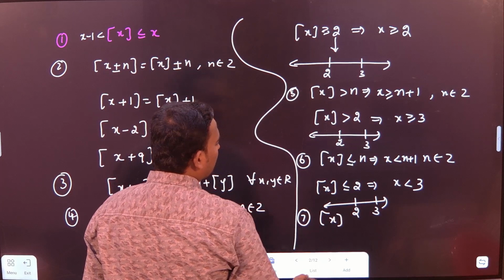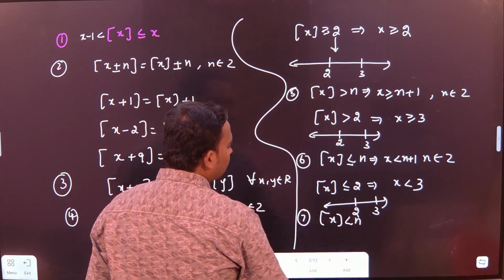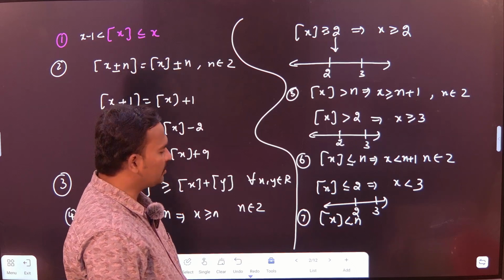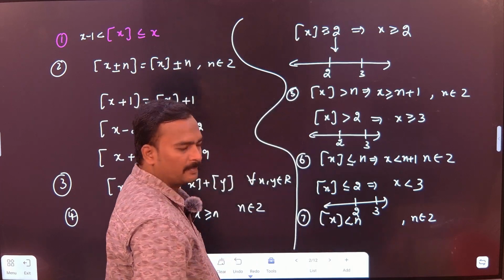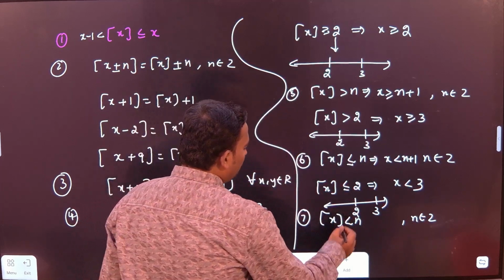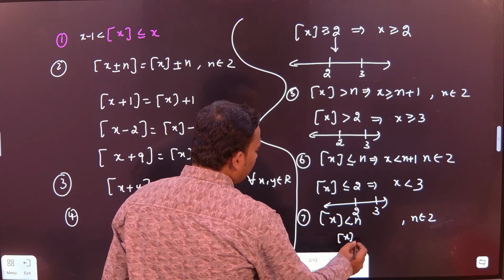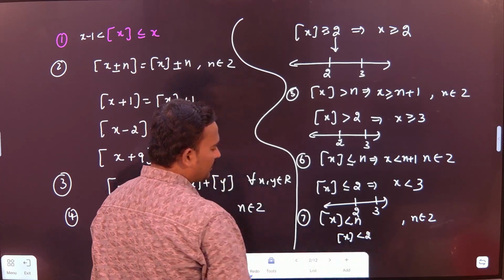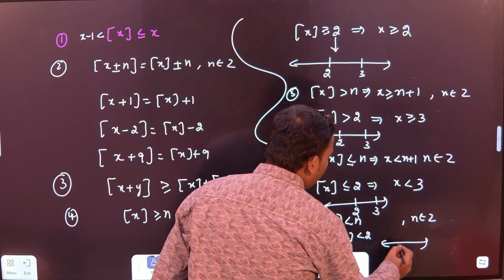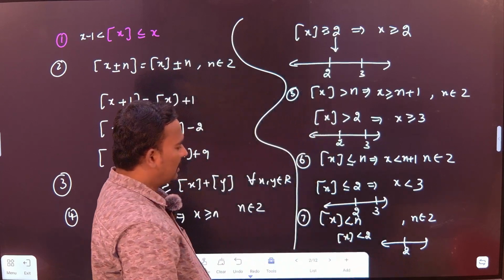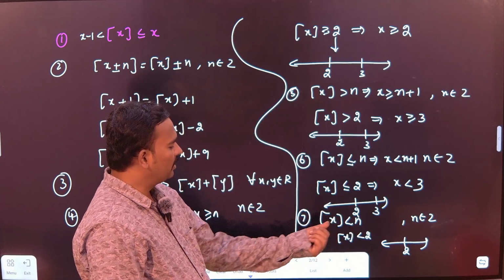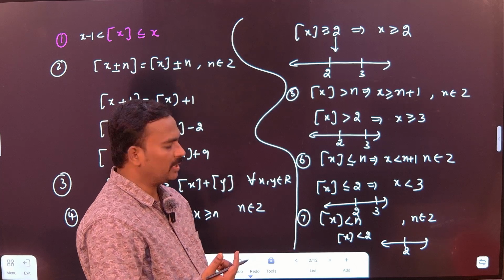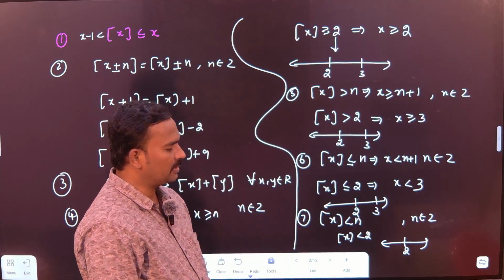Let's take the next one. The greatest integer function is strictly less than n, where n belongs to integers. Let us take the greatest integer function strictly less than 2. Let's draw the number line and take 2 here. Less than 2, for example 1.5. Definitely 1 is less than 2, so it's possible.